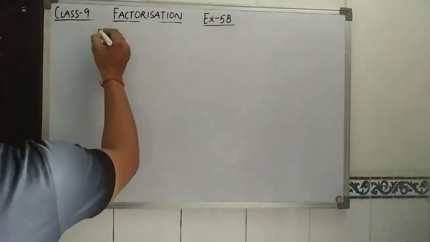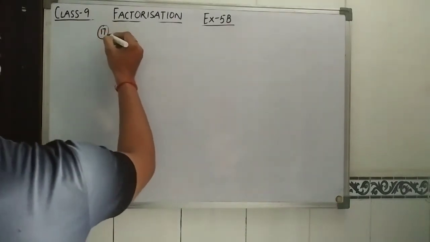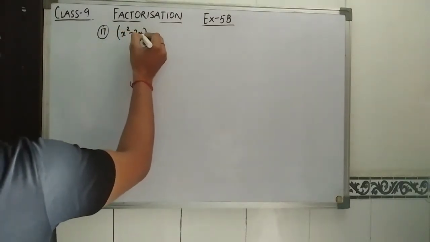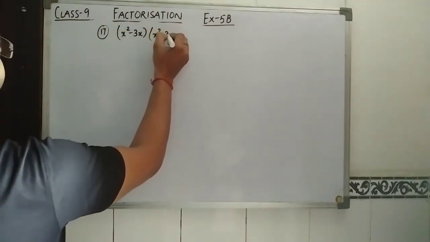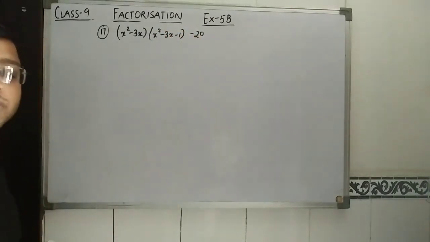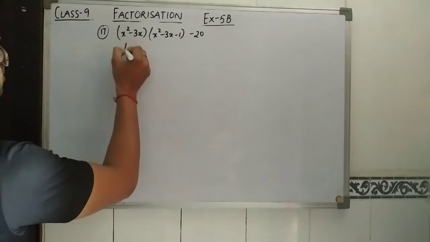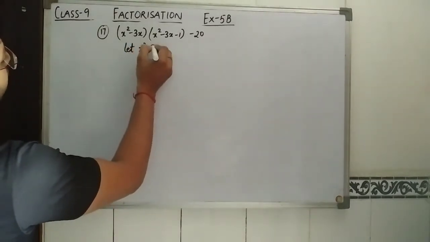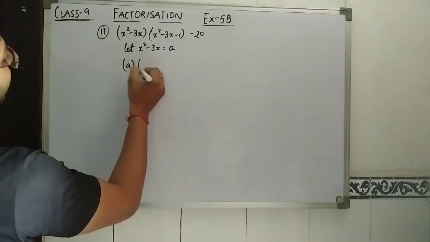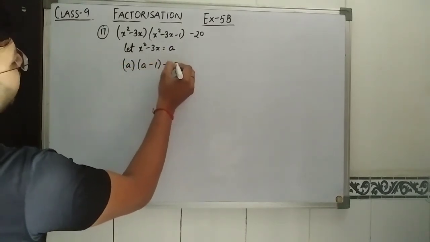Question number 17 is also related to factorization. It is saying x square minus 3x, in the second bracket x square minus 3x minus 1, and at last minus 20. So what can we do in this question? We have to consider let x square minus 3x is equal to a, suppose. So in the first bracket a, then a minus 1 and minus 20.